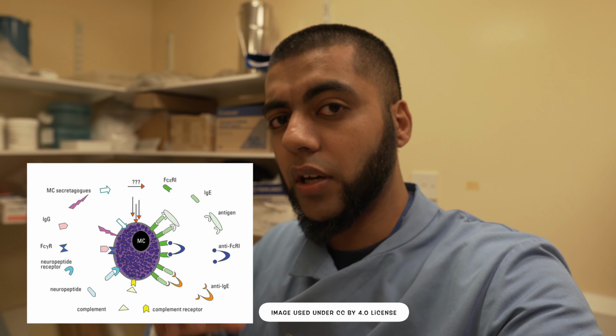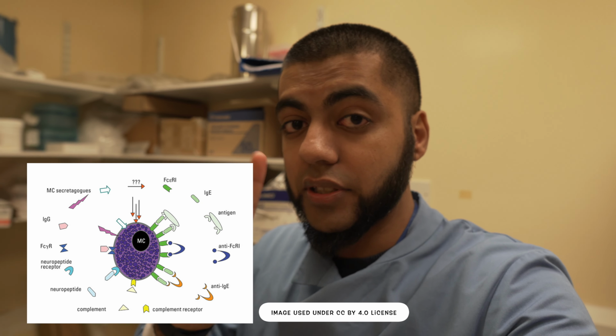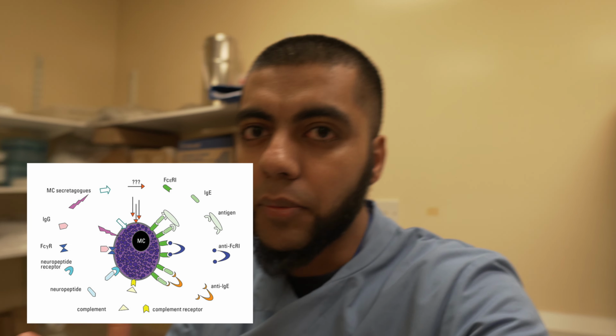Now you might see a diagram here of a mast cell and these certain Fc receptors. Now a very famous way of doing it is using IgE, which we know is related to allergies, and it's known to fairly well actually activate mast cells. But anti-Fc epsilon R1, which is a long word, is a more direct activator because it has a very high affinity to these Fc receptors.